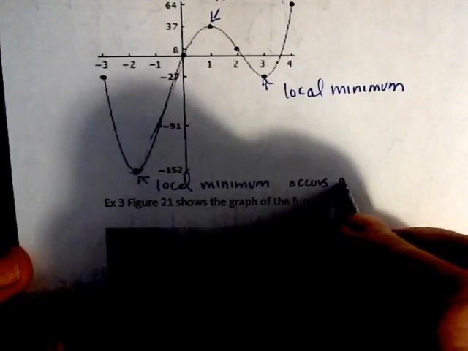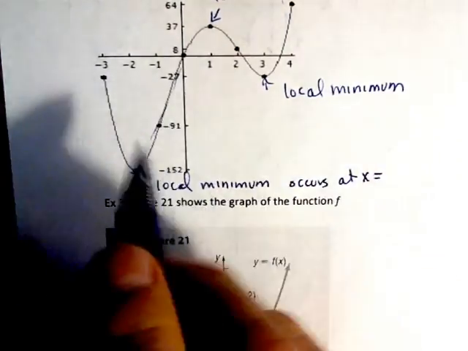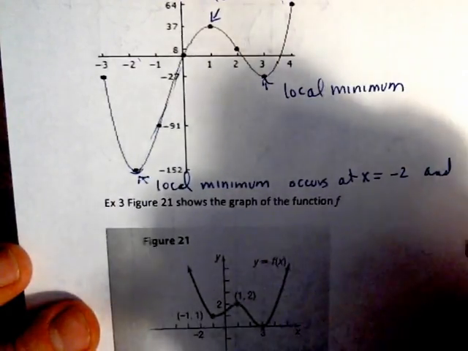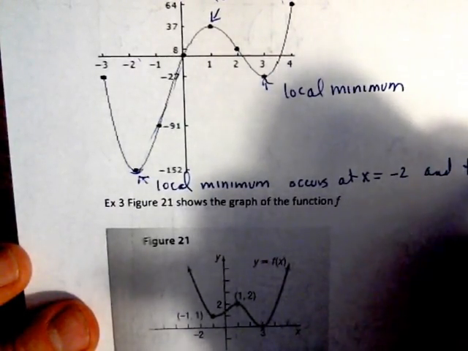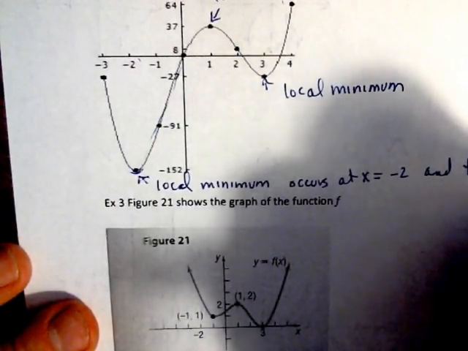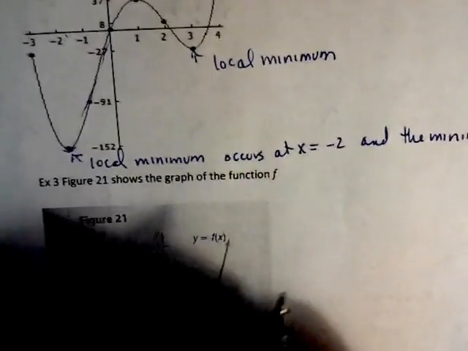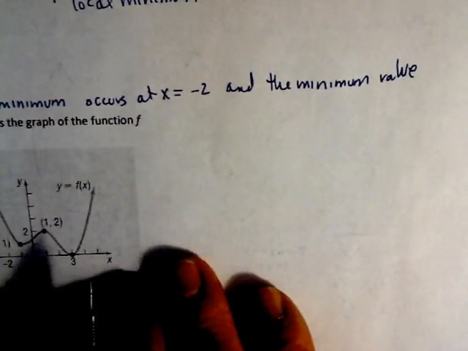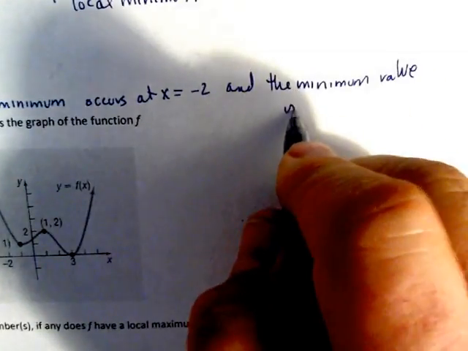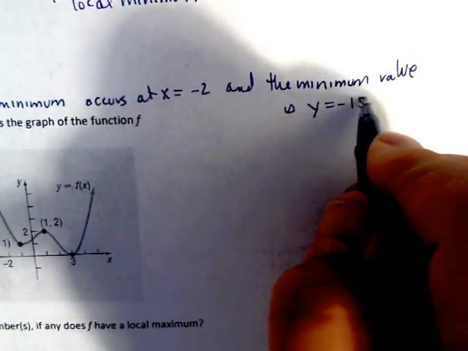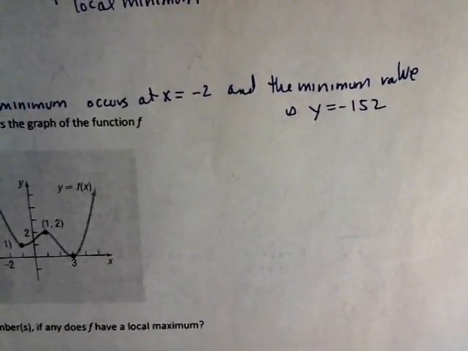it occurs at X equals -2 and the minimum value is Y equals -152.